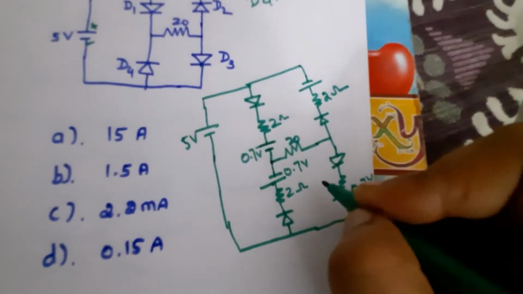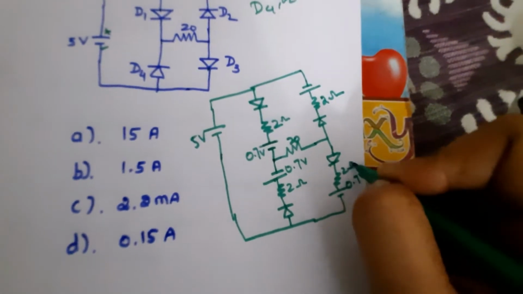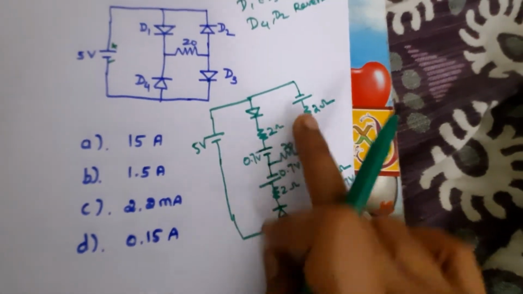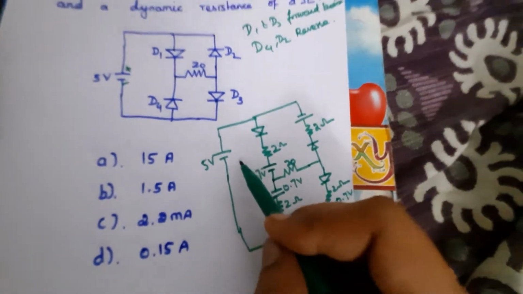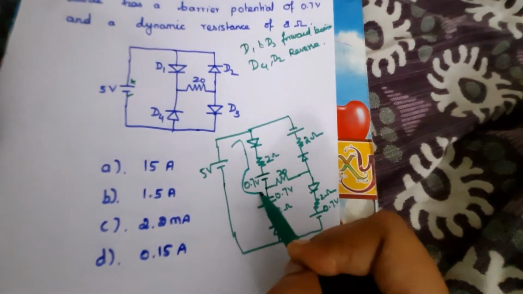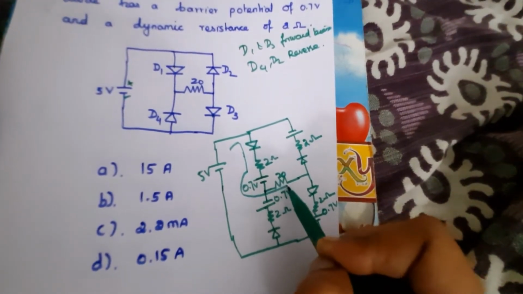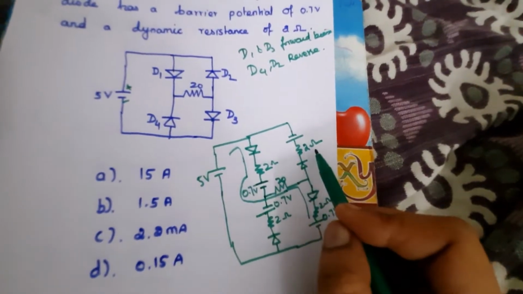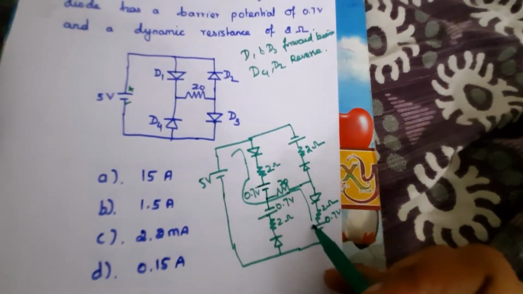So this is the equivalent diagram of that circuit. Now this line and this line become open circuit. So the current flow path is, it comes here and from 20 ohm it moves here. This path is open circuited, so it moves like this.